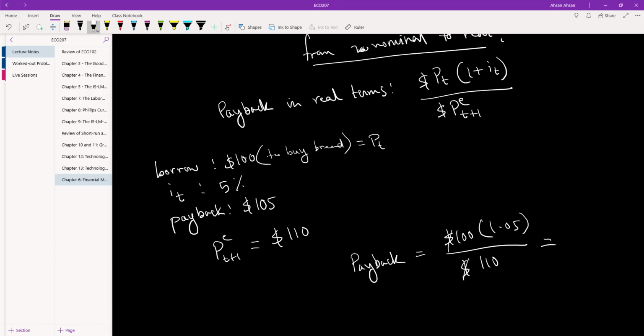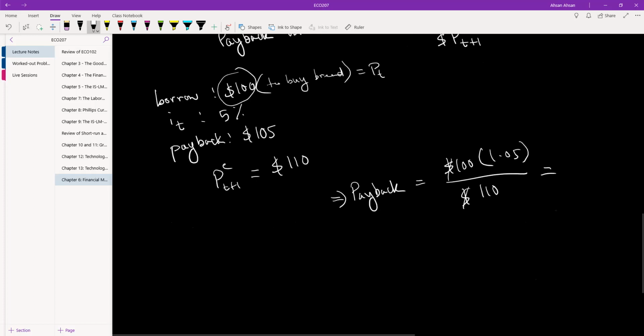What this tells us is, if with $100 we had bought one loaf of bread, how much of that bread equivalence are we paying back. Okay.